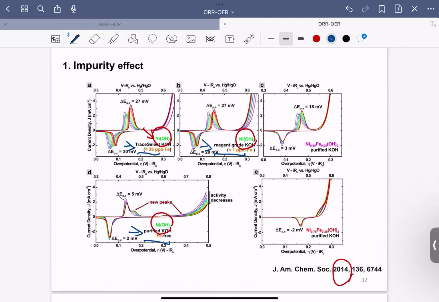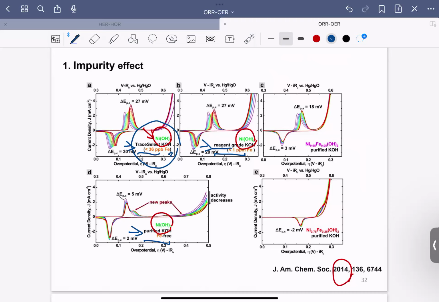So what happened? If we directly use it without further purification, for example the TraceSELECT grade, the concentration of iron as an impurity in KOH is below a certain ppb level. And what about the reagent grade, which has a huge amount of iron, even if it is 1 ppm? 1 ppm is not that small, so there is a huge impact on the activity, right?